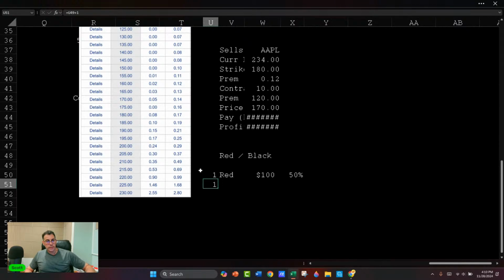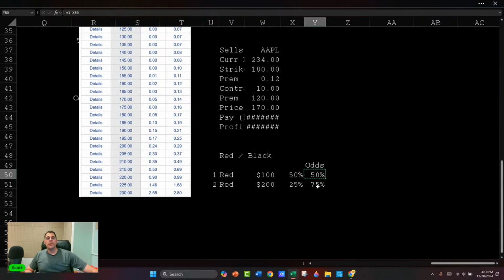And if it doesn't, then you bet $200 on red. So you're 50-50, and the chances of losing both are only 25%. So there's a 75% chance you'll get at least one red on the first or the second.